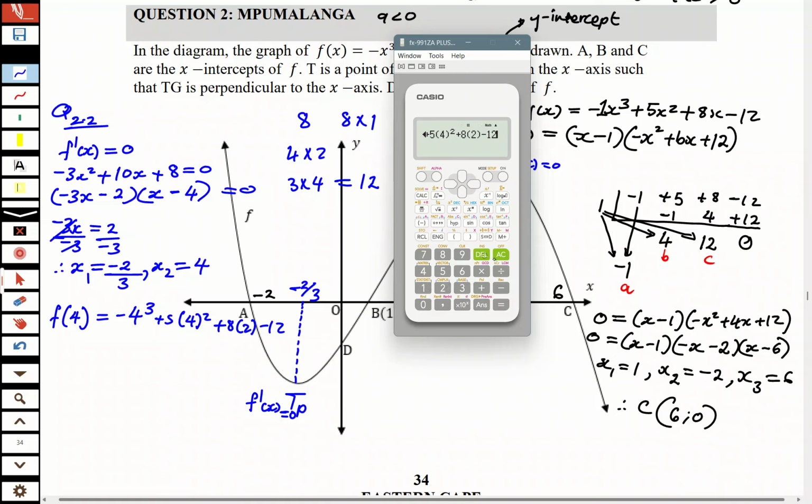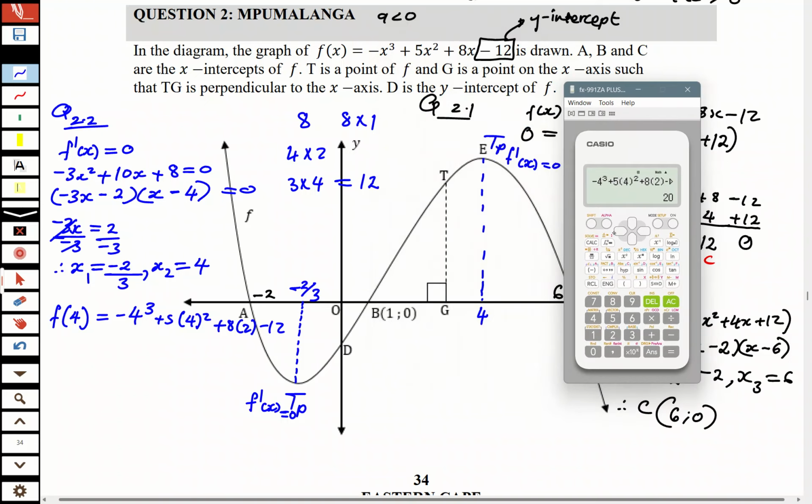Sorry for that. So the corresponding y value is simply a positive 20 there. And you have to confirm, guys, that you did it correctly. So let me show you.